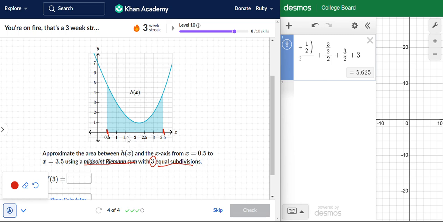So if we have 3 equal subdivisions, you could do 3.5 minus 0.5, and then you would get 3. 3 divided by 3 is 1, so the width would be 1 unit long. So this would be the 1st subdivision, 2nd subdivision, and the 3rd subdivision. And the midpoint of these areas would be this. So this is the point we care about now.